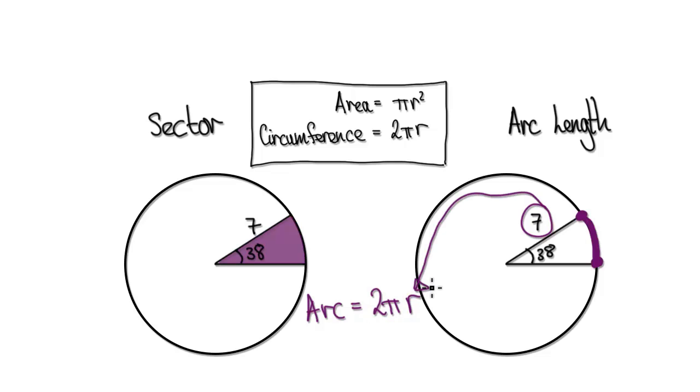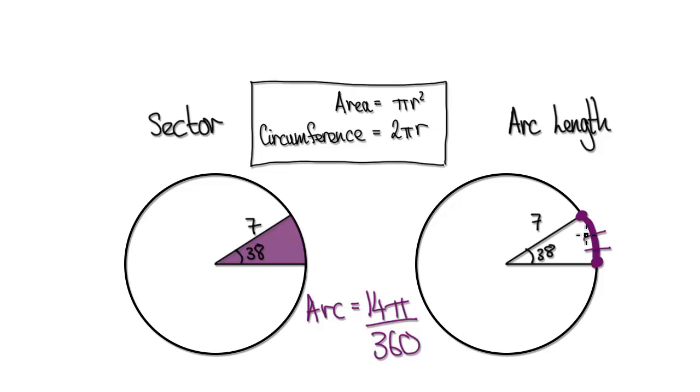So 2 times 7, merge these two together to give you 14 pi. That's the circumference of the whole circle, which is 14 pi, and then you cut it up into 360 equal pieces.